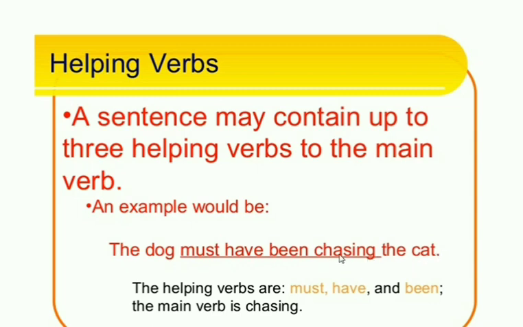Chasing is the main verb. And how many helping verbs do we have? Must, have, been. These are the 3 helping verbs. So what is said here is a sentence may contain up to 3 helping verbs to the main verb. Up to 3. Right? So must, have, been. We have 3 helping verbs.